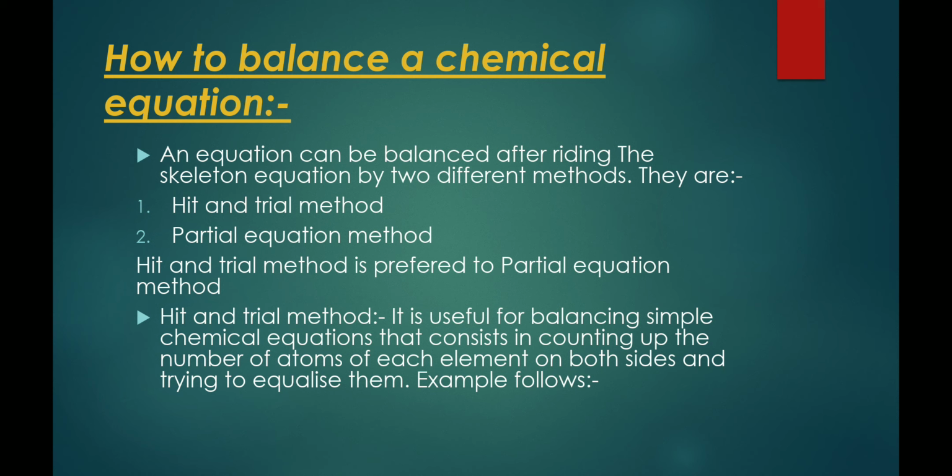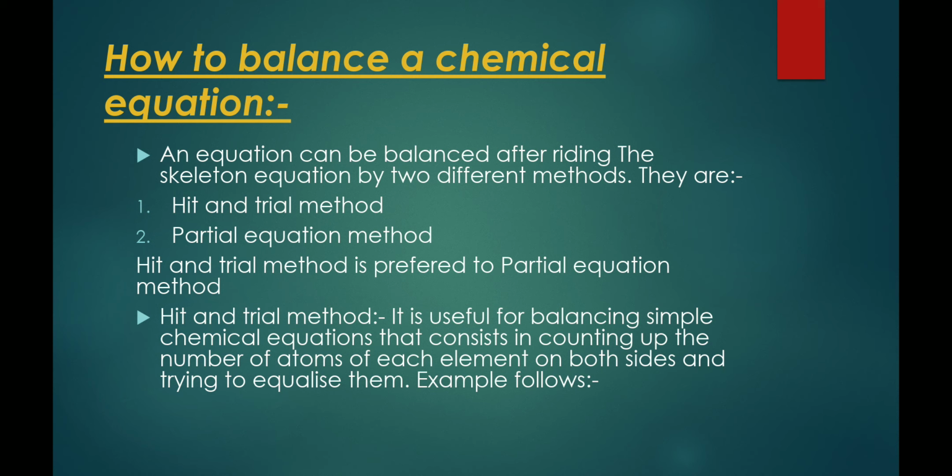Number one, hit and trial method, number two, partial equation method. The hit and trial method is preferred to the partial equation method because we solve the chemical equation as a balanced equation by the hit and trial method. So let us know what the hit and trial method is.